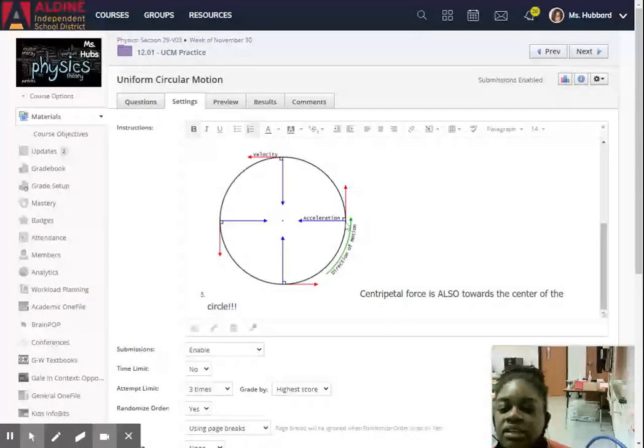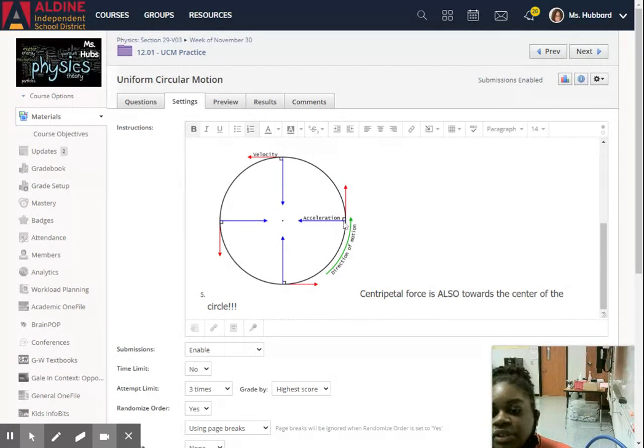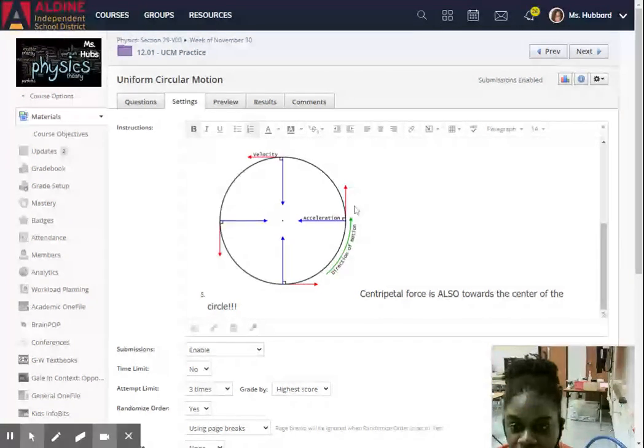Let's say we decide to cut the string, or the yo-yo detaches from the string at this location where you see this red arrow right here. That's the direction that the yo-yo is going to go. Why? Because we're going counterclockwise as indicated by the green arrow. We're going to cut it off at this point.